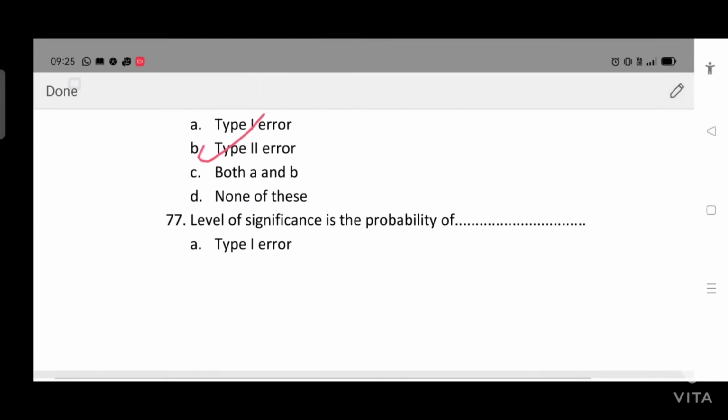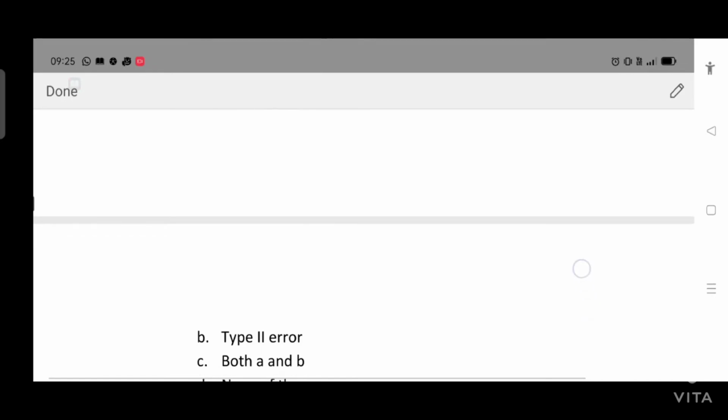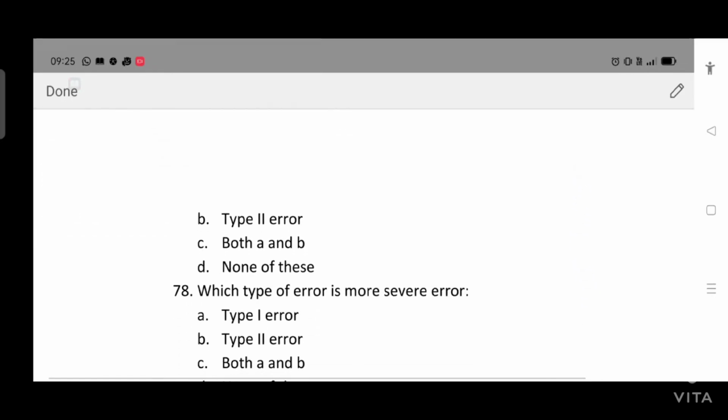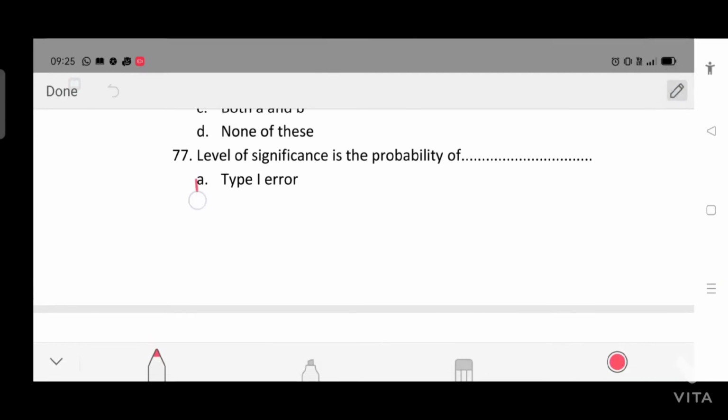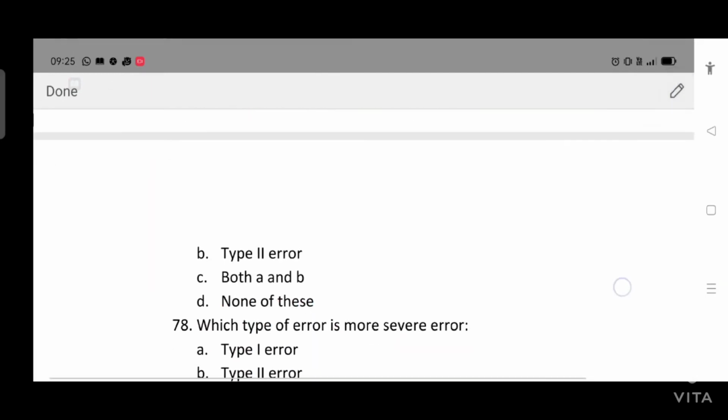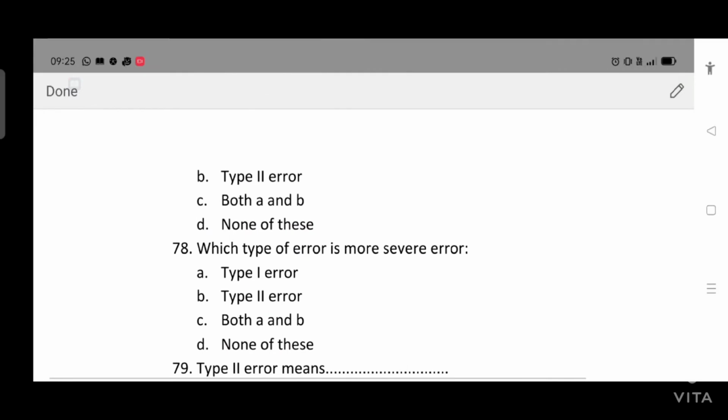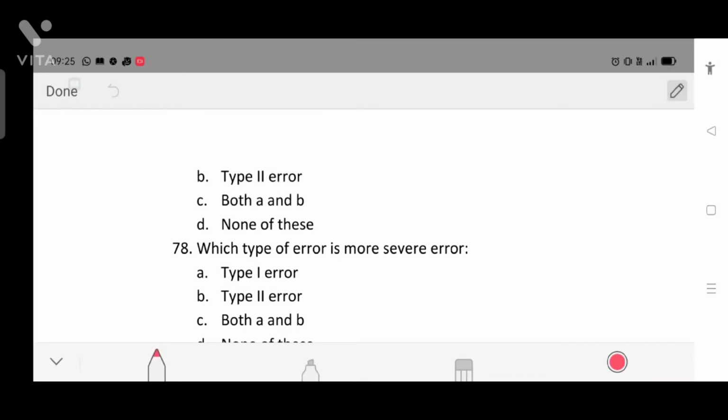The level of significance is the probability of A, B, C, D. Answer A, the type first error. Which type of error is more severe? Question number 78. A, B, C, D. B, type 2 error.